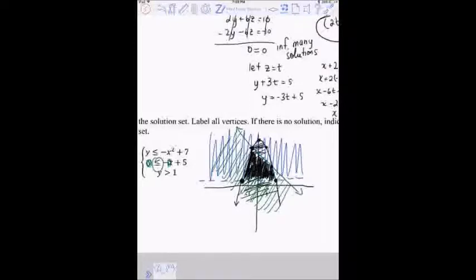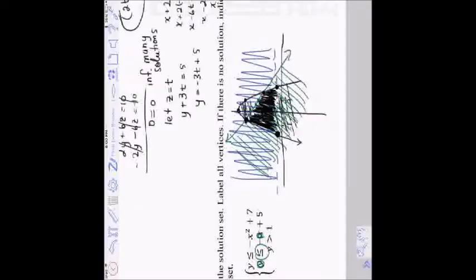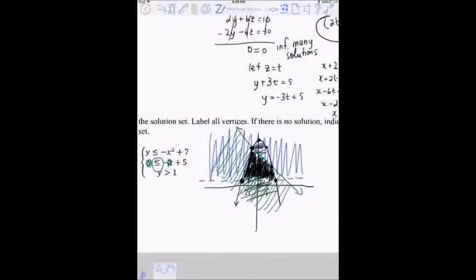That contains all the shades, black, green, and purple or blue. So that would be called the solution set.